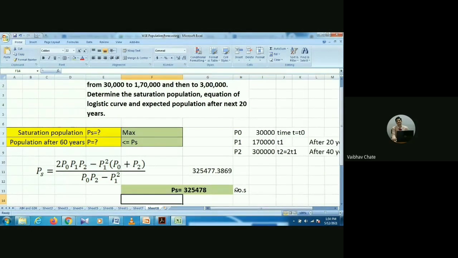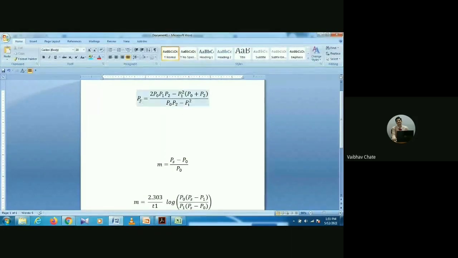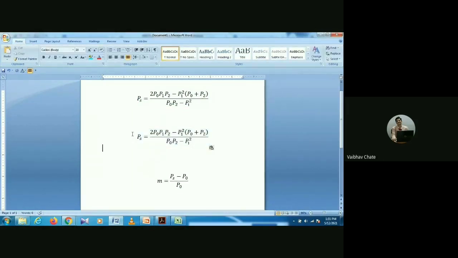Now, the next thing I would like to derive is the equation for the logistic curve method. For that I'll just copy this equation so that it will be easy for me. I'm interested in determining the P value.